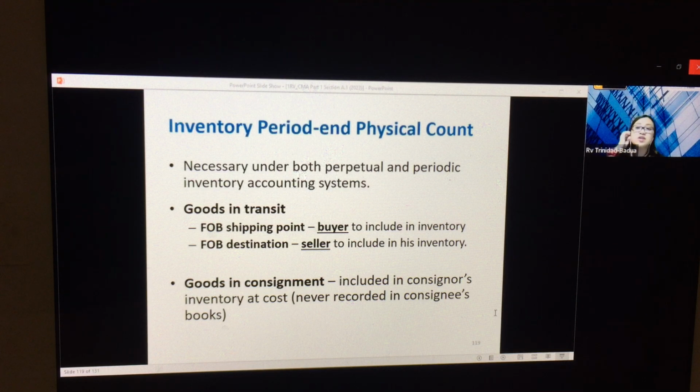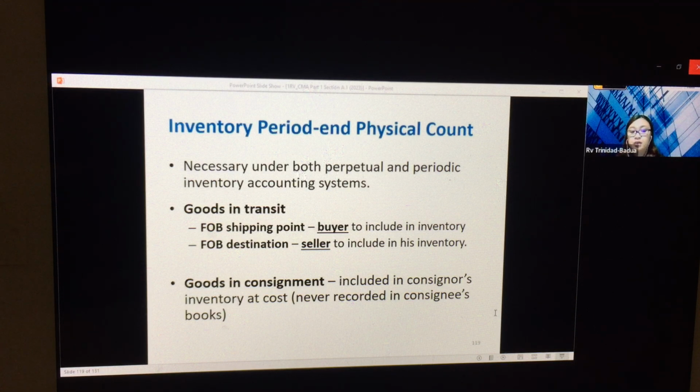So normally, if it's on consignment, parang meron lang portion yung consignee doon sa goods pag nabenta niya. But since it is on consignment, hindi dapat siya i-include as part of inventory ng consignor. Yung consignor pa rin, kung kanino pa rin siya.